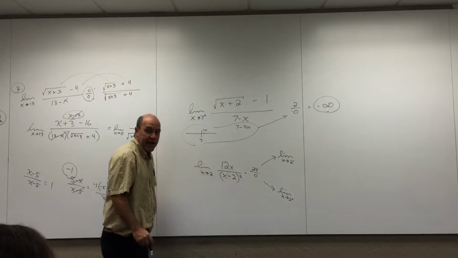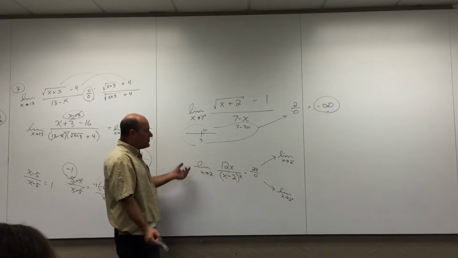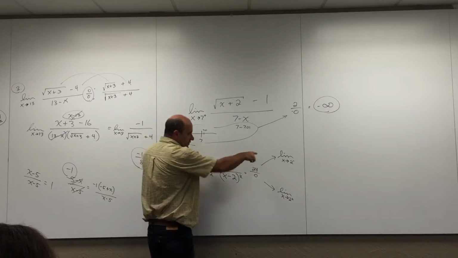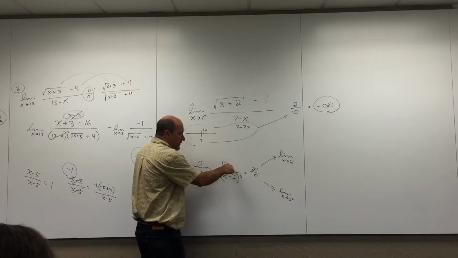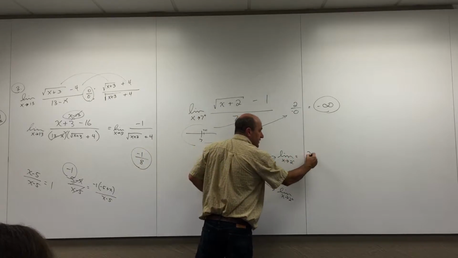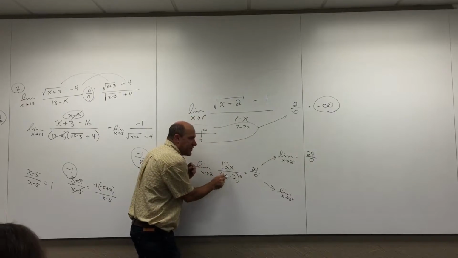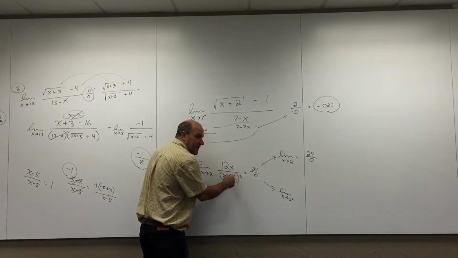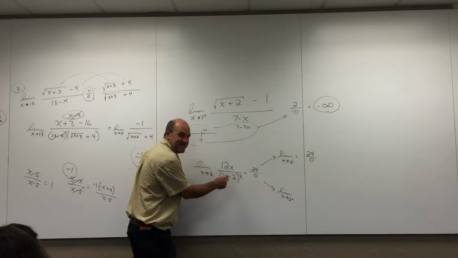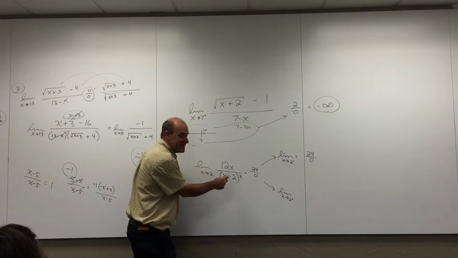Now here we go. Watch what happens. You ready? If you approach 2 from the left, it's still a 2. You plug it in, you still get 24 over 0. But hang on, we've got to figure out if this is a positive or negative 0. It's all about that 0 being positive or negative.